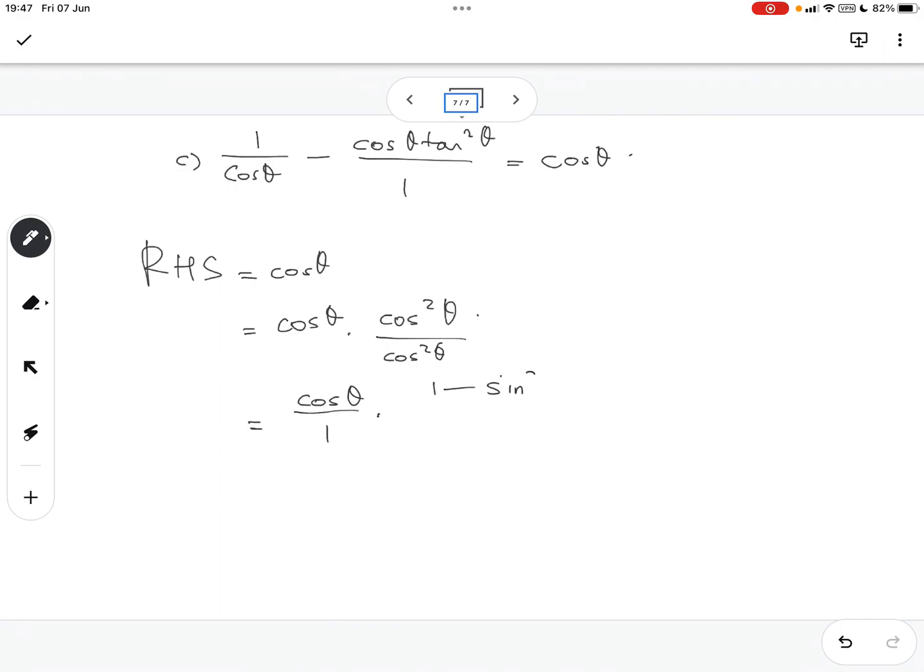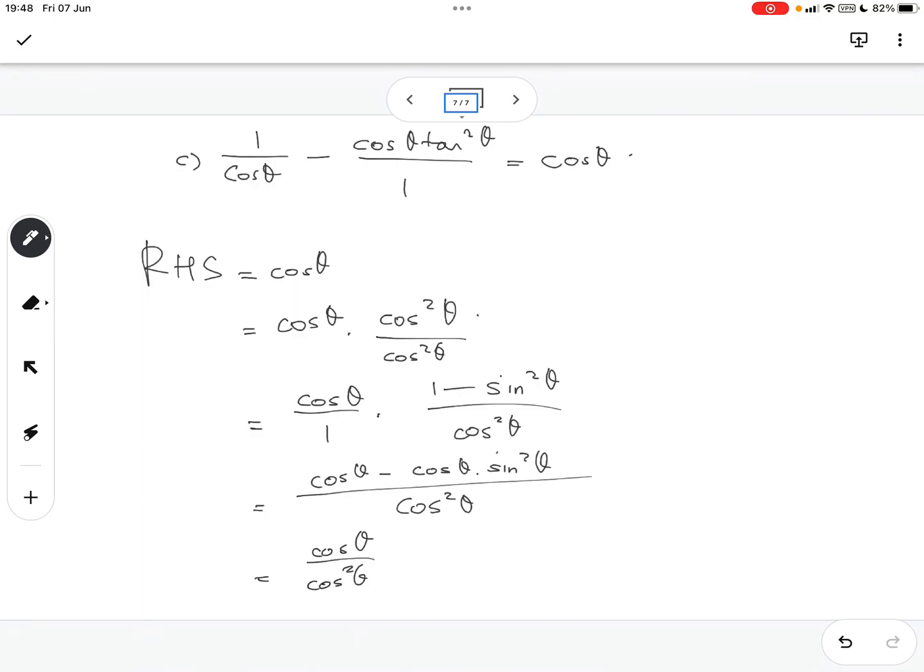When I erase this, and start, I'll say this is cos theta over 1 multiplied by 1 minus sine squared theta over cos squared theta. Ne? Then I'll have cos theta minus cos theta times sine squared theta, all of this over cos squared theta.